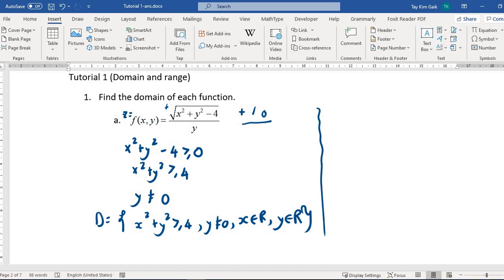You see that z here, we already set this is a positive square root, so z is either a positive value or 0. Then this will be divided by y. y cannot be equal to 0, so it can be positive or negative.